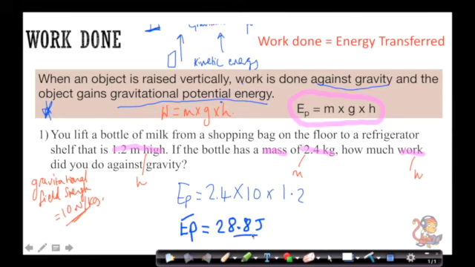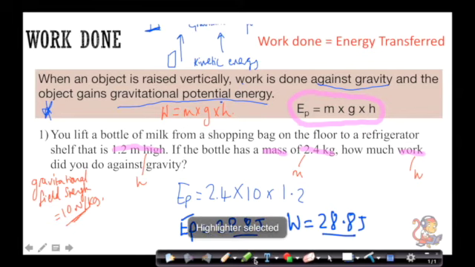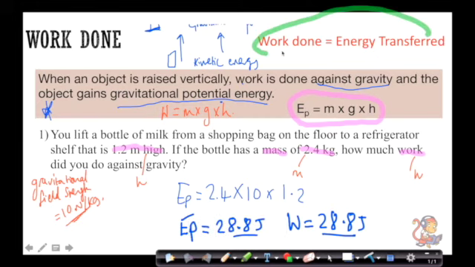And at that point, if you remember that energy transferred equals work done, then you also know that this is the value for work done. So work done equals 28.8 joules.